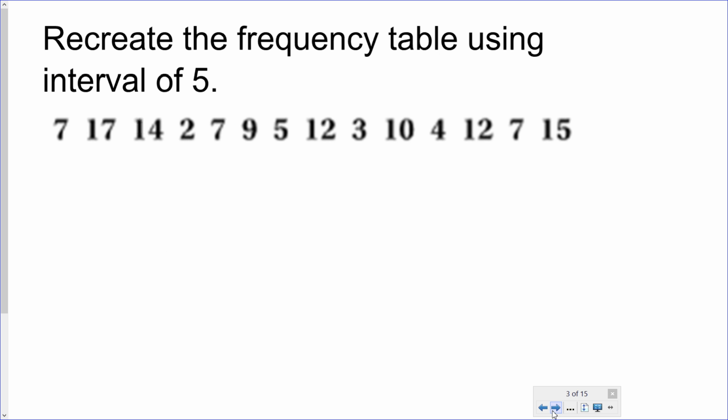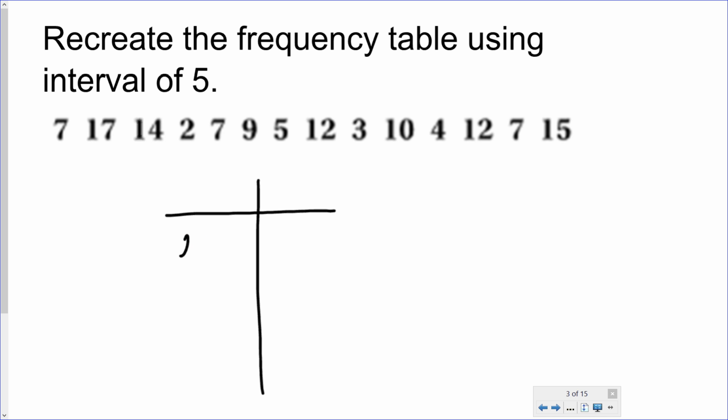So this says recreate the frequency table and go using an interval of 5. So I'm going to go by 5 for this because it wants us to use an interval of 5.